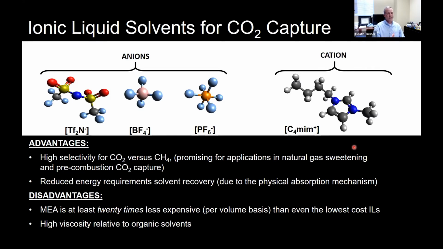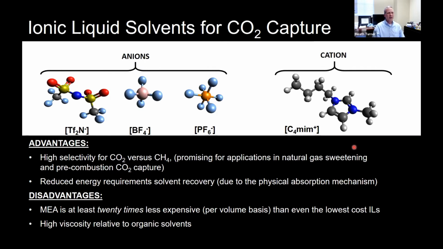But one of the disadvantages is that if you look at current solvents used in industry, aqueous MEA is at least 20 times less expensive than even the lowest cost ionic liquids. So MEA is just dirt cheap, and it's very difficult to come up with an alternative to MEA.